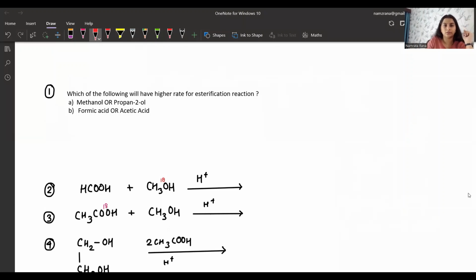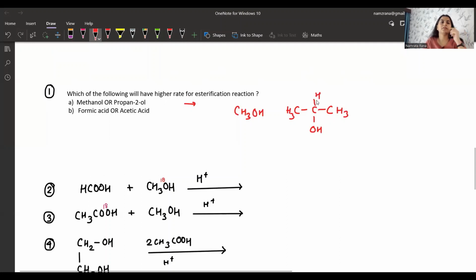There are two alcohols given to us. Just make the structures. Methanol is CH3OH, and the second one is propan-2-ol. Prop stands for 3 carbon atoms, and we have the alcoholic part on the second carbon.